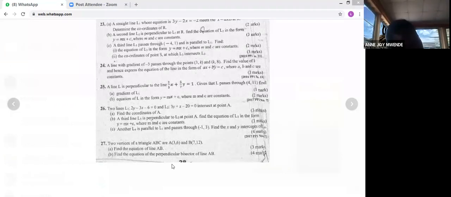Yes, correct. Part 2. That is the coordinate of S, where L3 and L2 intersect. Another student?